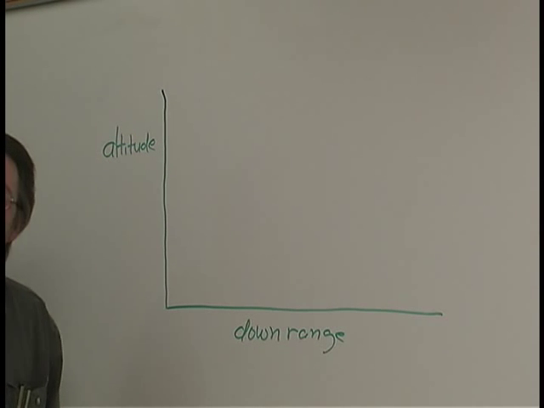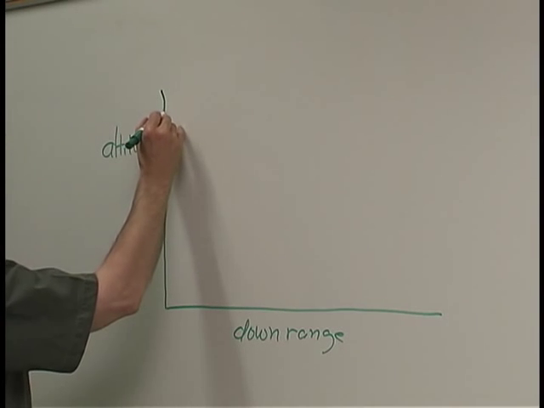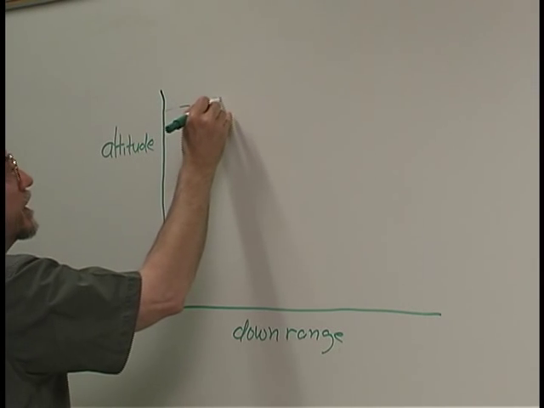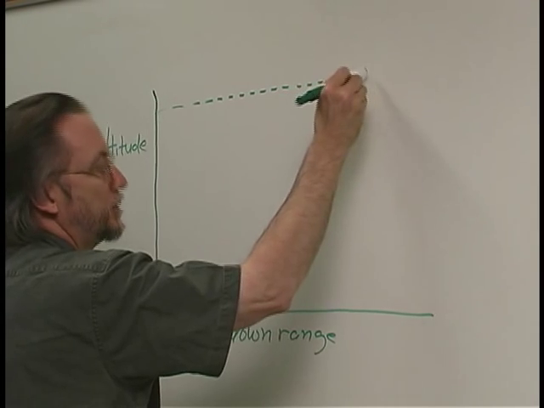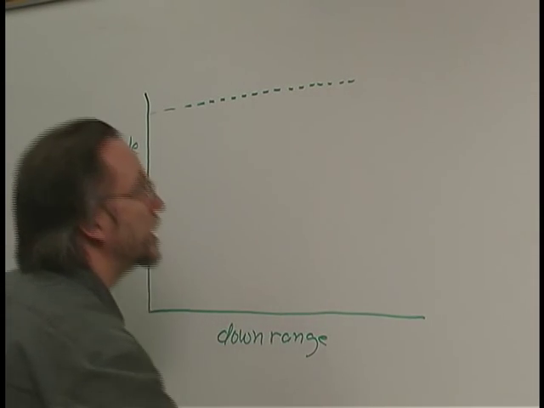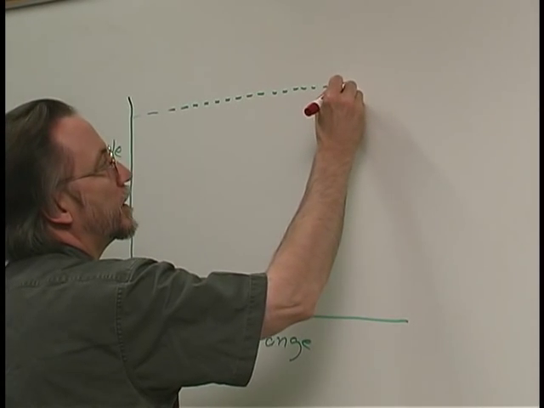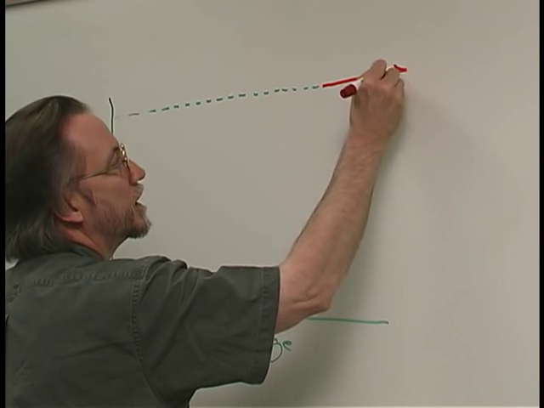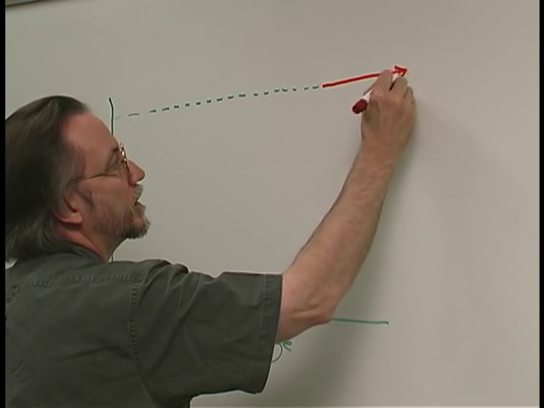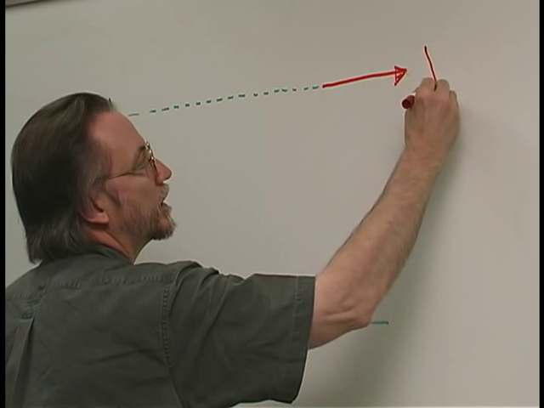And we have a desired altitude and velocity. So let's say this is the altitude we want. And we'll draw in a vector here representing the desired velocity.